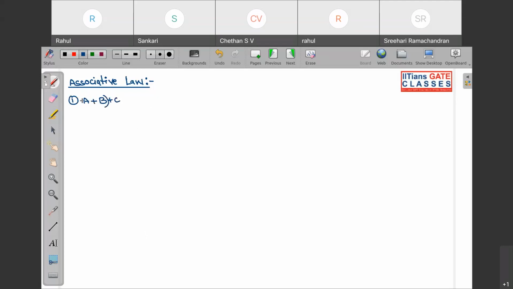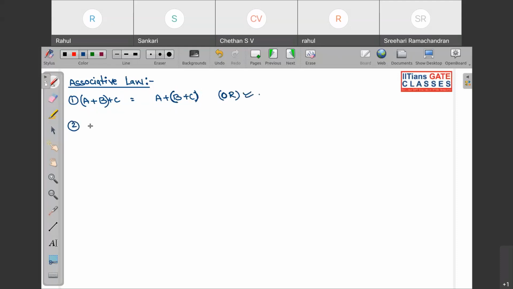If I OR three inputs in this order, and if I interchange the order, is the expression same? Yes, it is same. So you can see OR gate is associative.